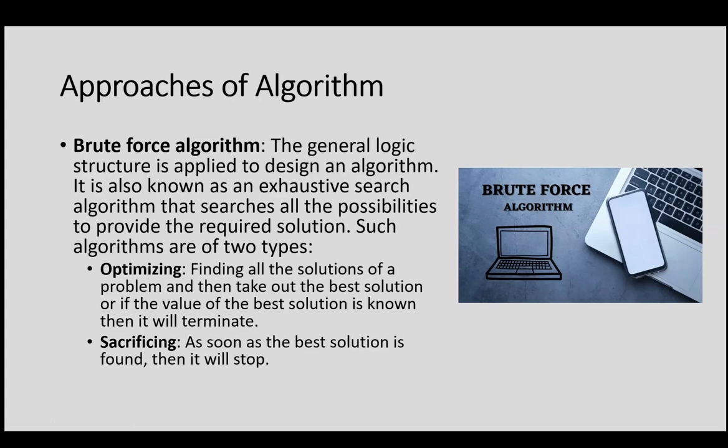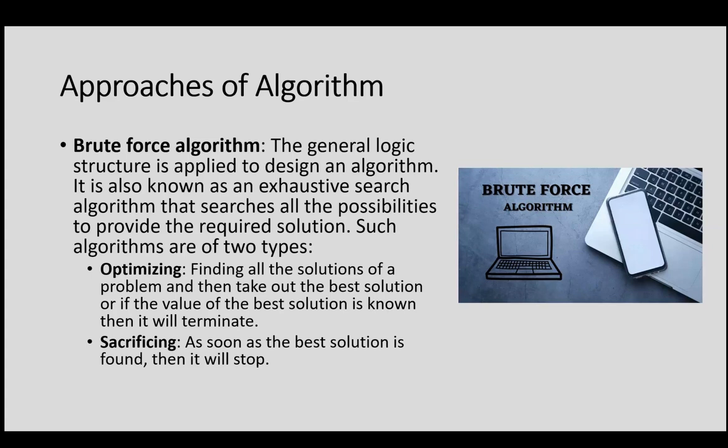Such algorithms are of two types. Again, in the brute force algorithm, we have two types. One is optimizing: finding all the solutions of a problem and then taking out the best solution, or if the value of the best solution is known, it will terminate.